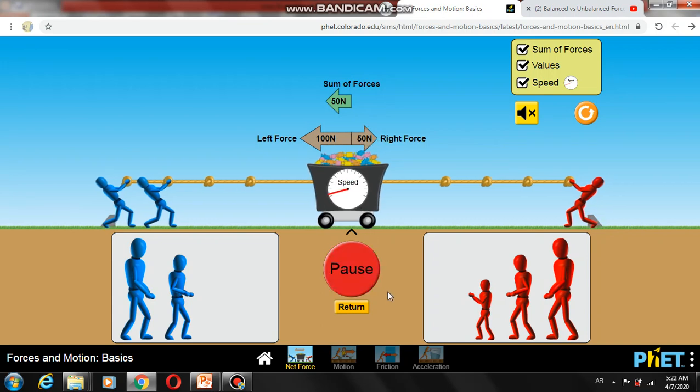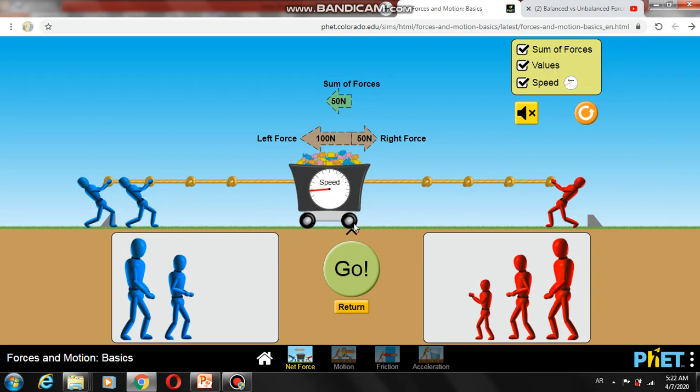Okay? So the left force is bigger than the right force, so the two blue men can pull the car. Okay, what will happen if we add one?